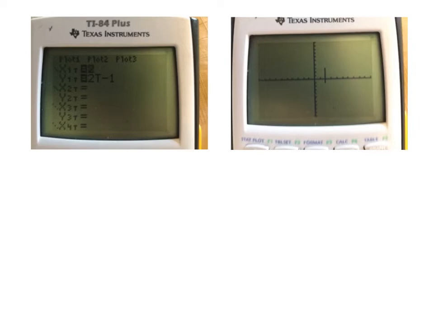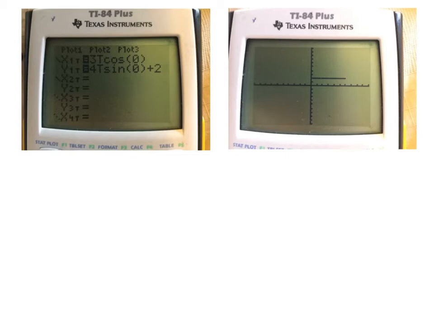And y is taking on those values from negative 1 all the way up to 3. It is also important to notice where the graph begins. The graph begins at 2, negative 1, because at t being 0, your beginning point is 2, negative 1.